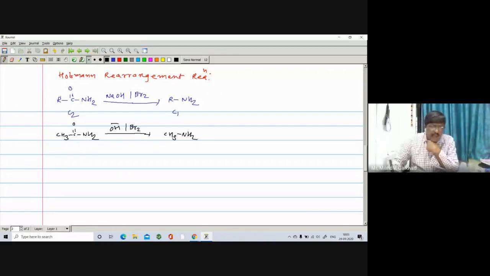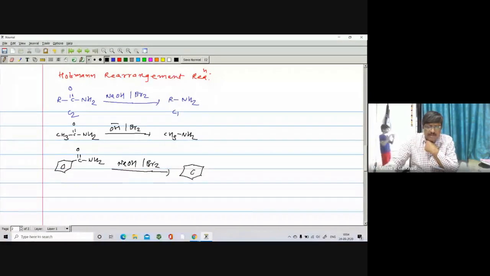Similarly, instead of R, if you put the benzene nucleus, here is a benzene, here is C double bond O and NH2. Further, it reacts with NaOH and bromine Br2. So there is a formation of the corresponding aniline.